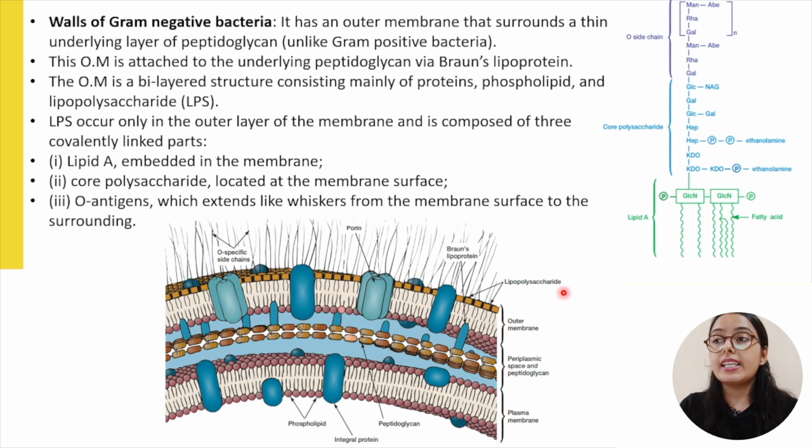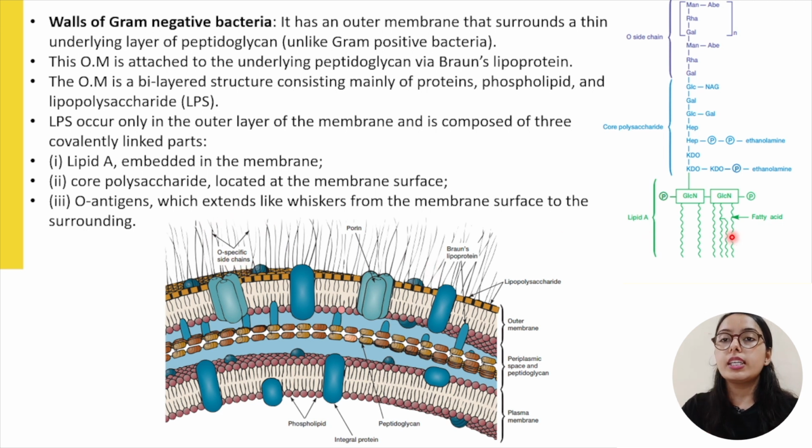The first is lipid A, which is embedded inside the outer membrane. Then there is the core polysaccharide, located at the membrane, and then the O antigens extending outwards in the form of whiskers. These are the O specific chains or O antigens.